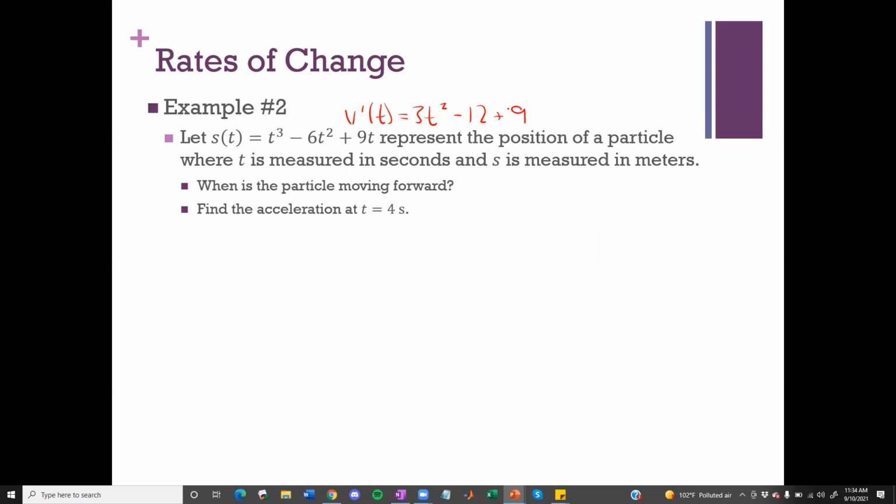You say when what equals 0. So v of t equals 0 when t equals 1 and 3. Is that right? Okay, so I know when the particle is not moving. It's not moving forward at either one of those times, right?